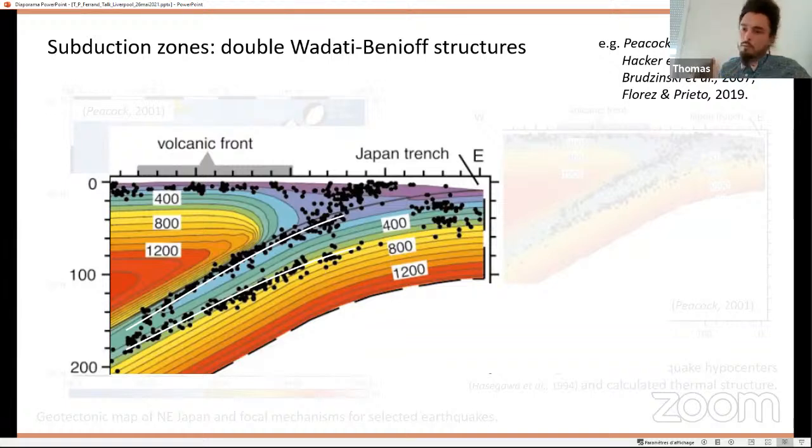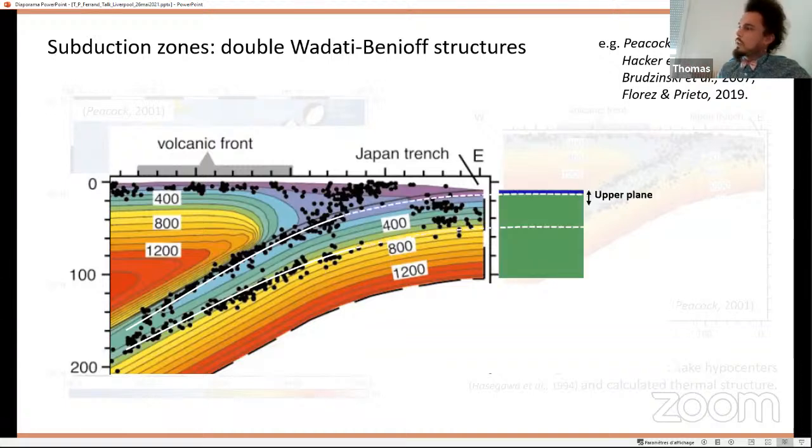Then several studies have shown that the double structure was a global feature, especially Brzezinski in 2007, and more recently Ferrand and Prieto. So you see that these planes merge at depth, and that around 150 kilometer depth here, you cannot define a double zone anymore. This depends on the thermal parameter of the subduction.